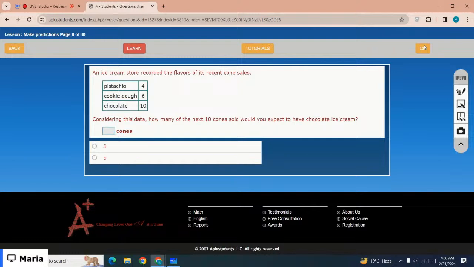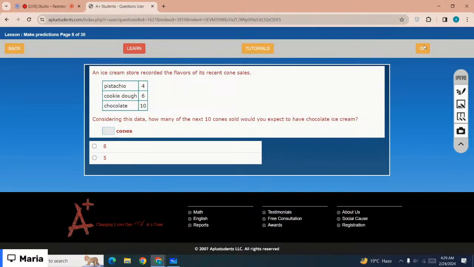So, which is the correct option? Which is the correct option?